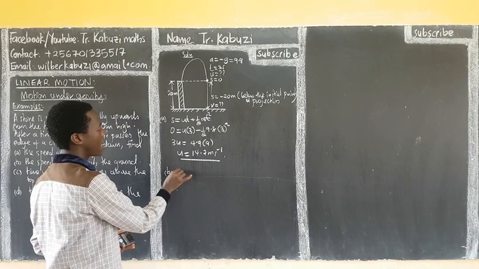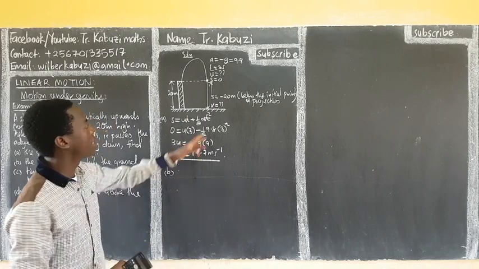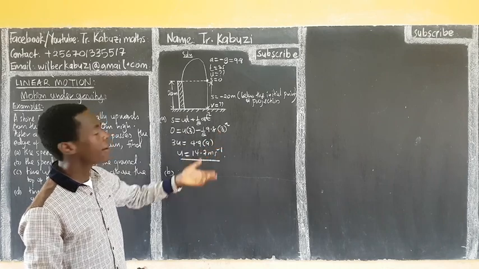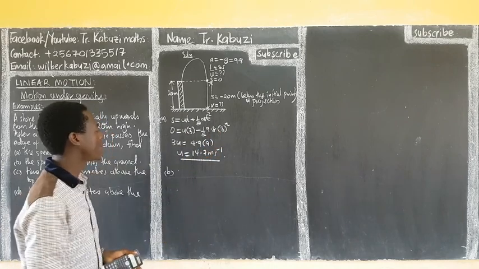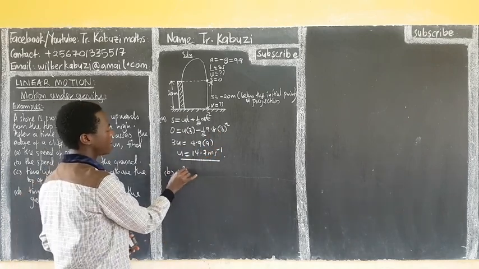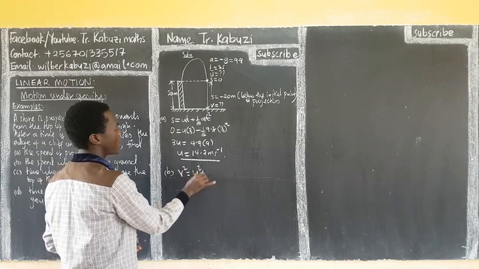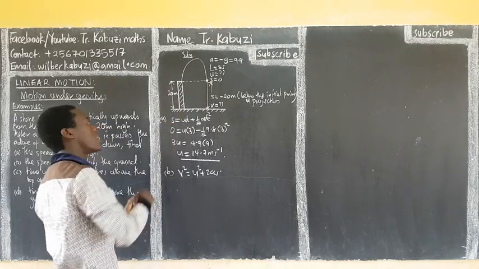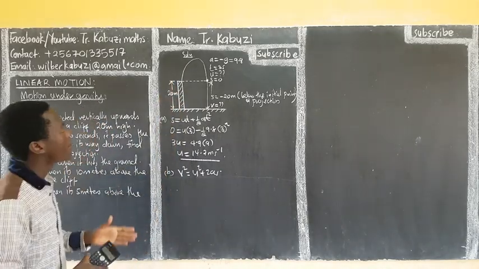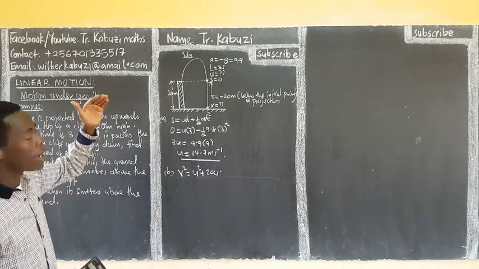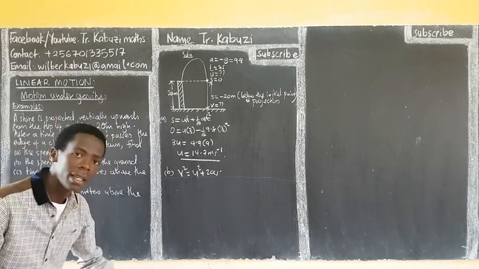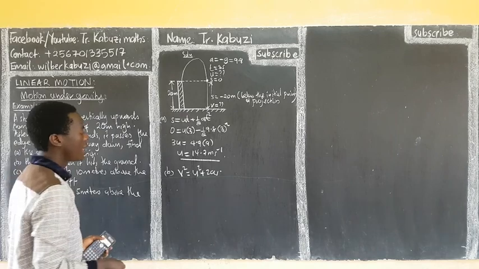We need v, and we have u, the acceleration, and the distance. So you can use the third equation, v squared equals u squared plus 2as. Remember, while it's going upwards, it's negative, unless it's just falling, then we take it positive.